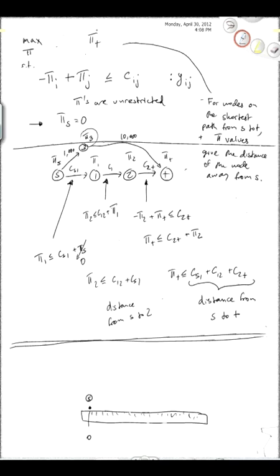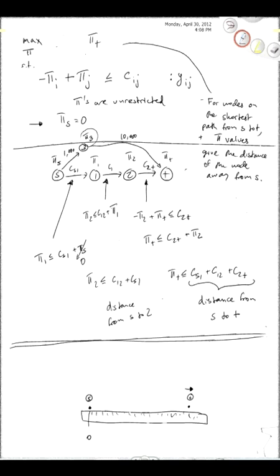The objective function, maximize pi t, what that's telling us is take the knot for node T and move it as far to the right as you possibly can. So move it as far down the ruler as you can. And of course, eventually, we're not going to be able to move it any farther to the right because all the yarn is going to get pulled tight.